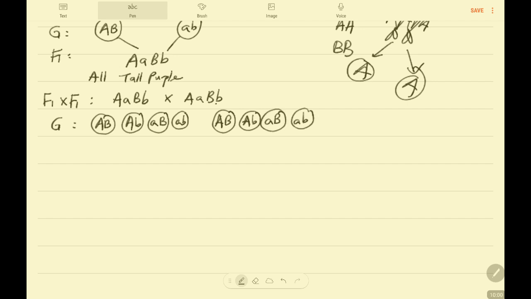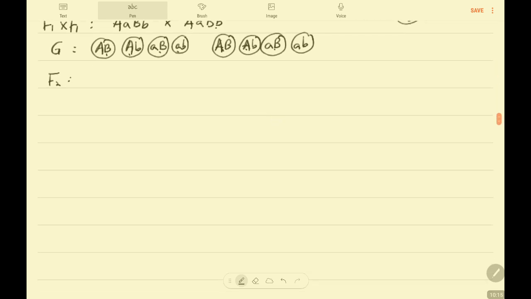Okay, so now it is much more complicated compared to the monohybrid cross that we learned before, because now we have 16 possibilities for your F2 generation. So for this case, we need to construct a Punnett square. Okay, so I'll teach you how to construct a Punnett square here. It makes it easier to see the possibilities of your F2 generation.